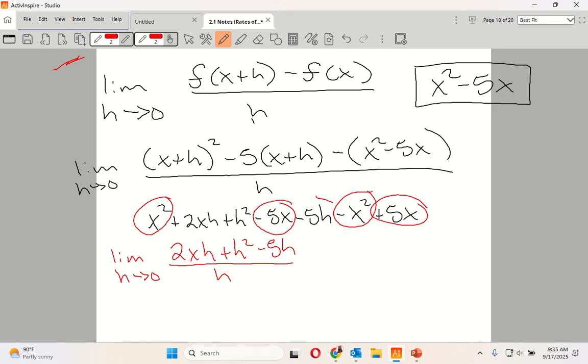And the whole reason why we're doing this is we're trying to get rid of the h. So can I factor an h out of all that? So we get h times the quantity, I'm going to rearrange this, 2x minus 5 plus h, all over h.